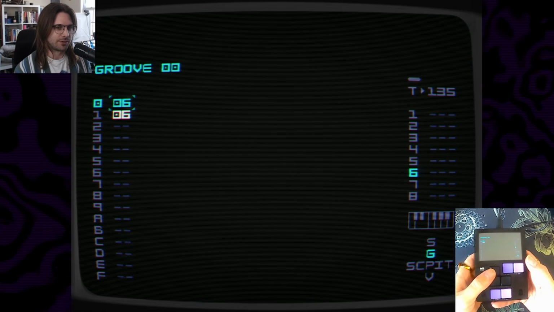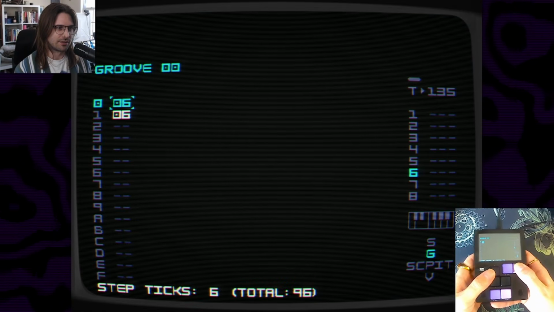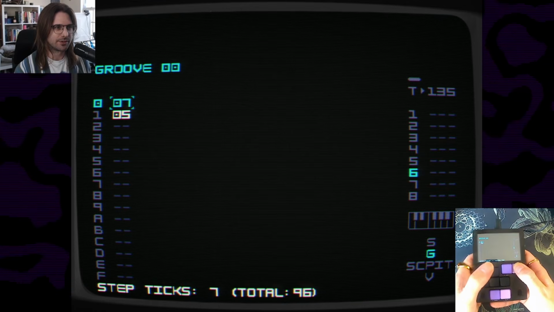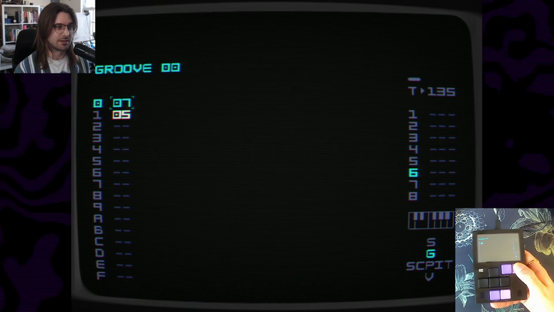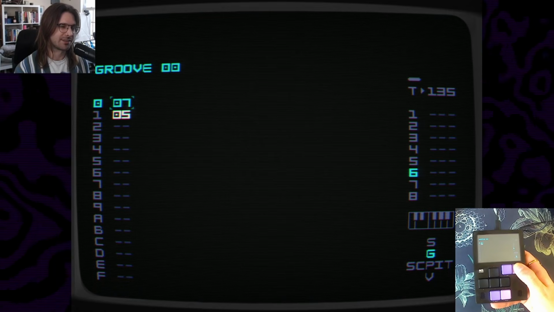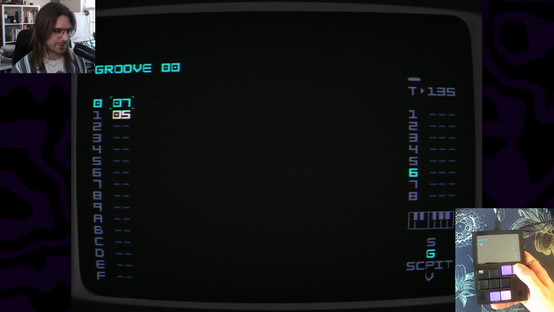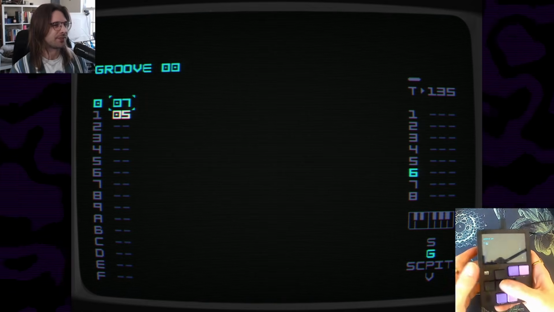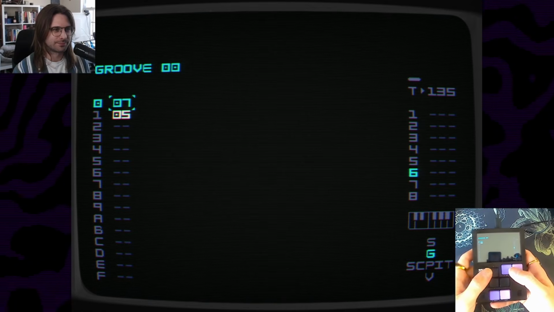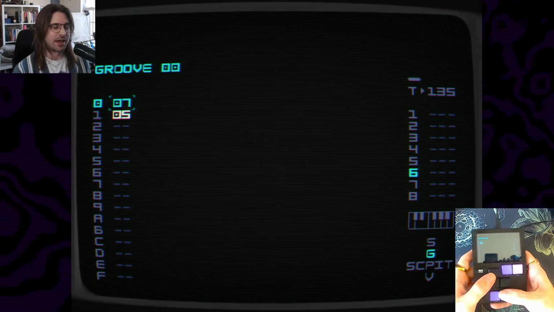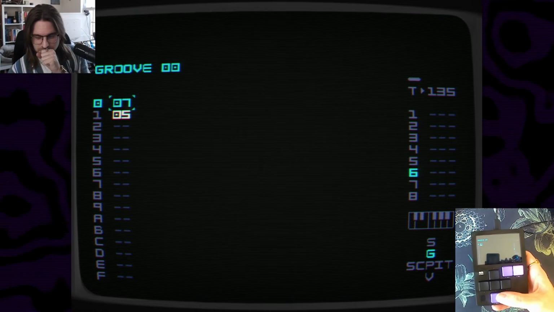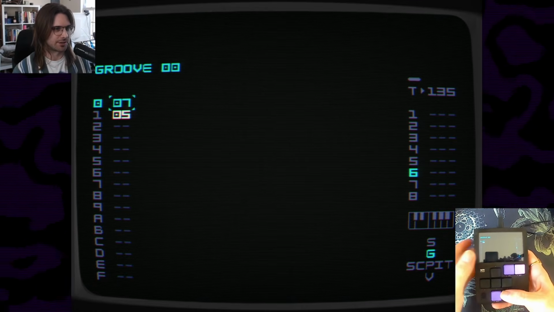If you hold down edit on the first step and hit up, it's going to increment the first step and decrement the second step. So it adds one to the first step and takes away one from the second step. And this achieves that 16th note swing that I was talking about.